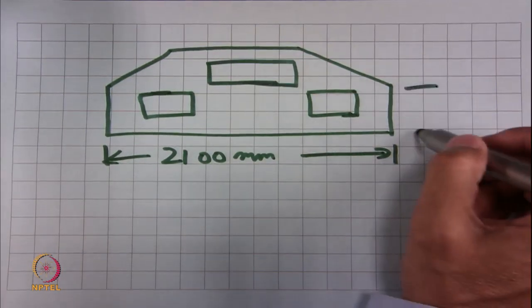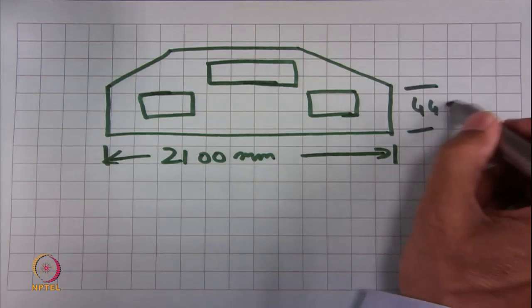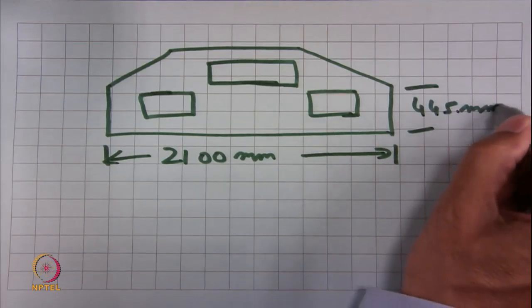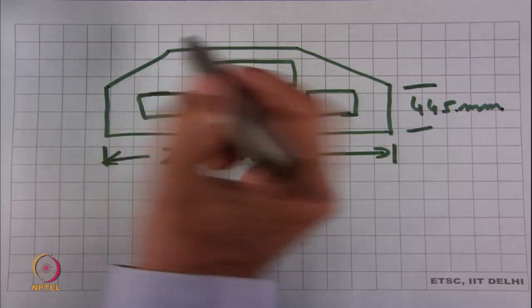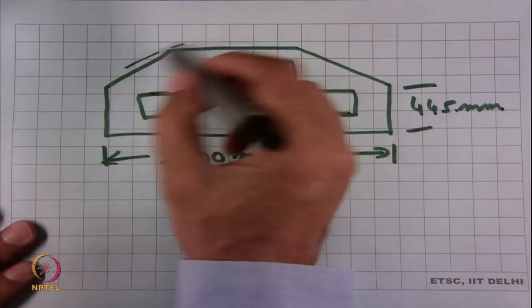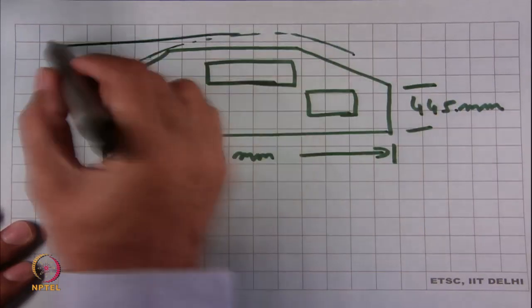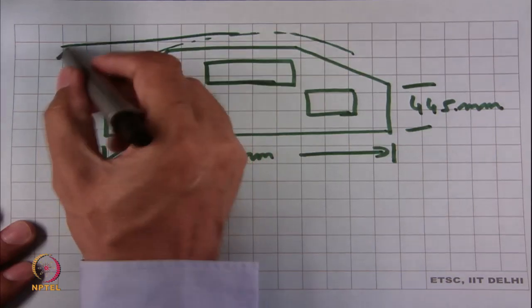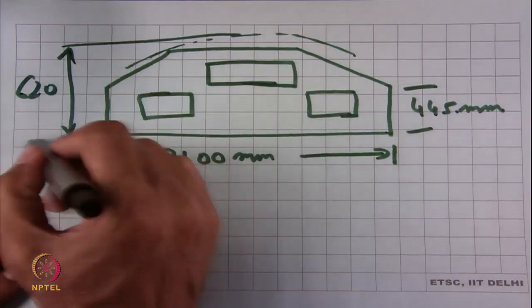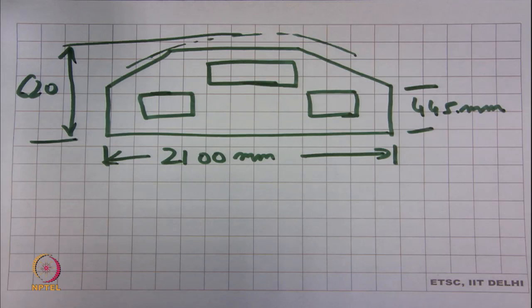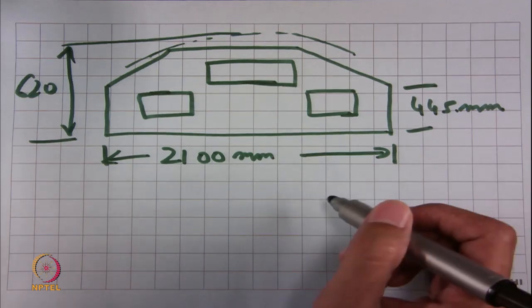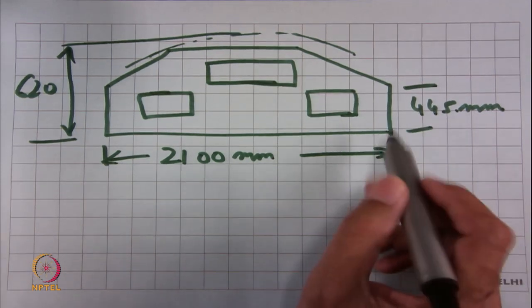And then there was a requirement here which was 445 millimeters, and then there was a curve. The max limit was 620, and this was to take care of the coach clearing any hurdles on the way. This is the max height limit, and this is to do with the space constraints.